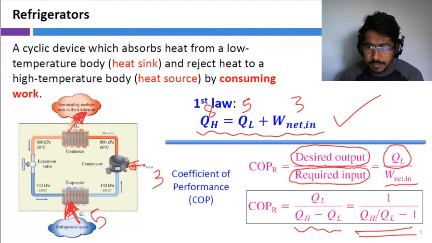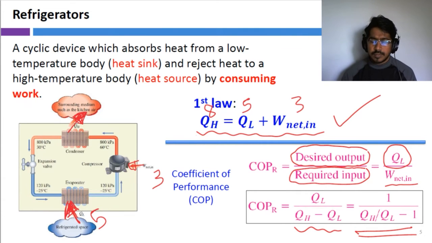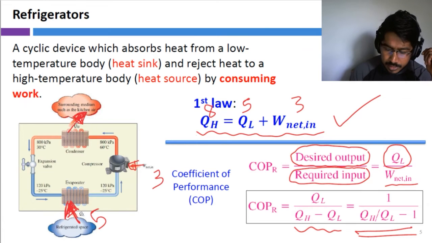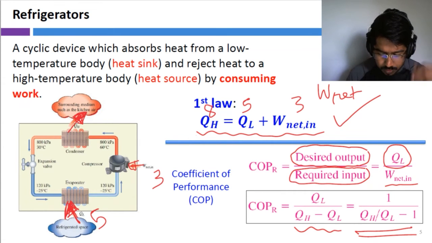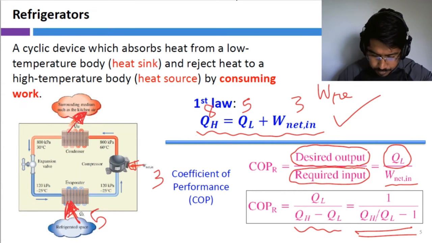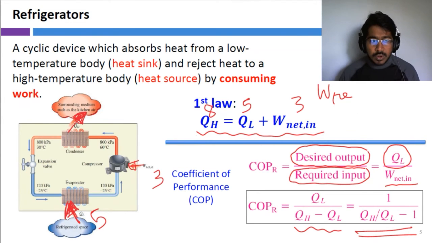Did I answer you, Kylie? It's positive 8 because W net in, sorry, give me one second. No. In this case, QH is a scalar value.